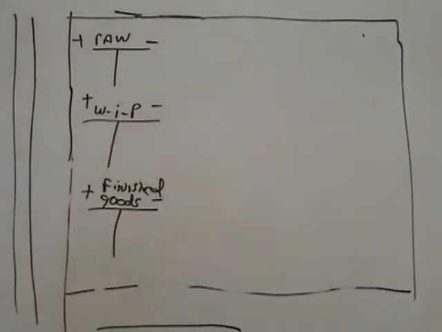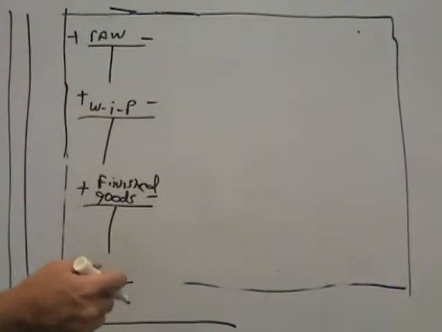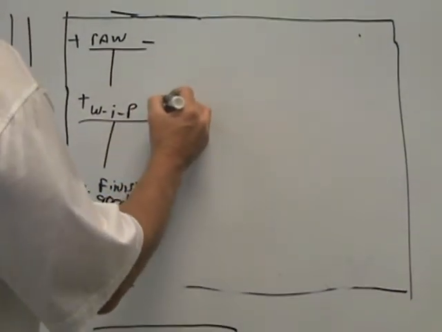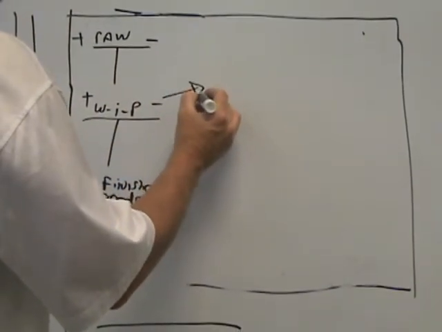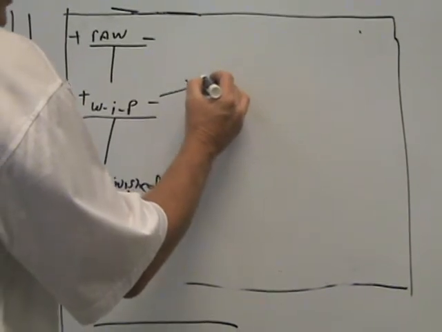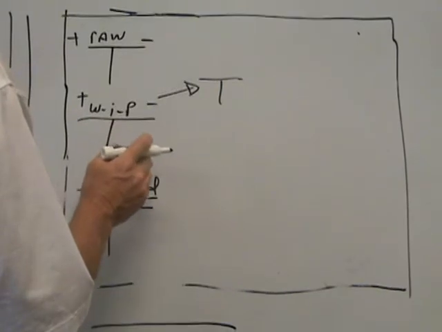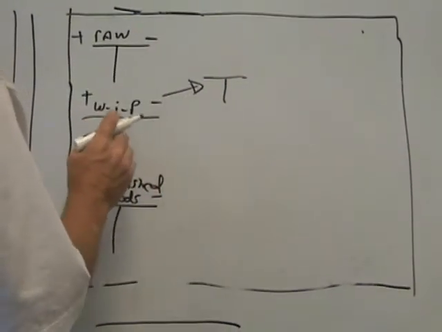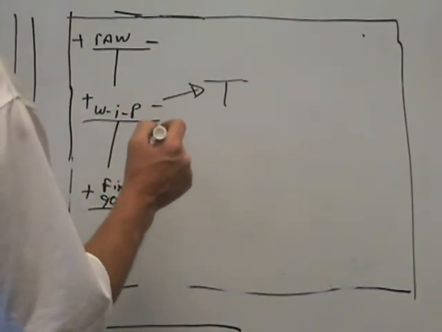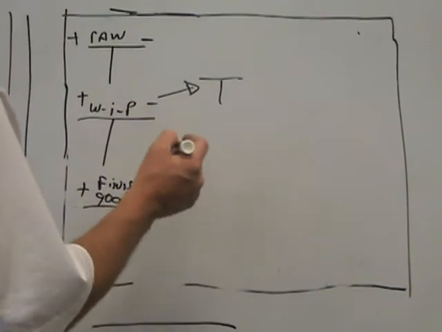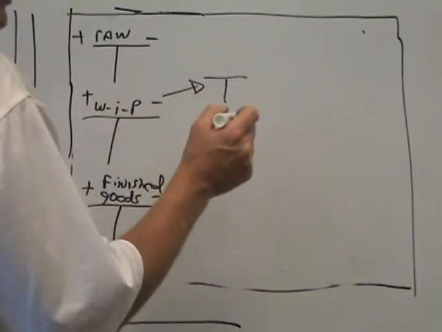Finished goods. These are three inventory accounts. Work in process has two other accounts. They're temporary accounts that are closed into work in process at the end of the period in a similar way that revenues and expenses are closed into income summary and then closed into equity.